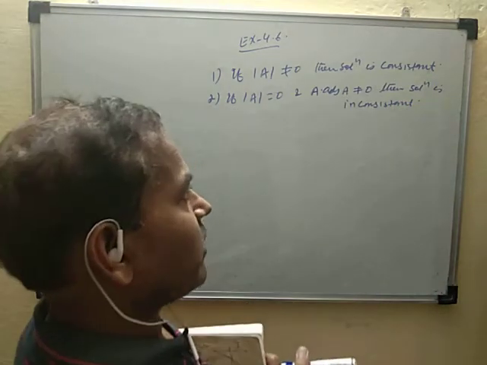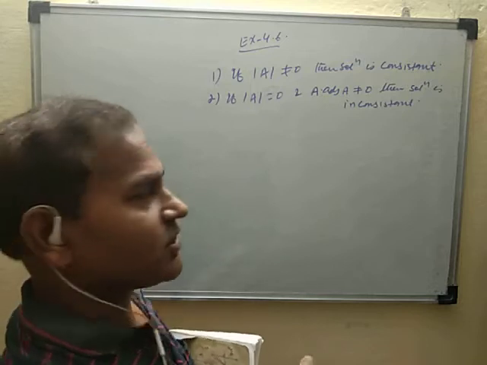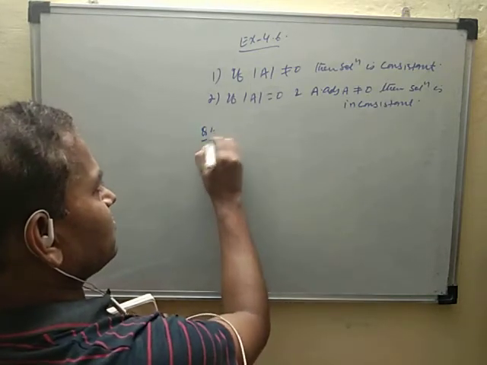If A into adjoint of A is non-zero, then the solution is inconsistent. So check by question number 1.